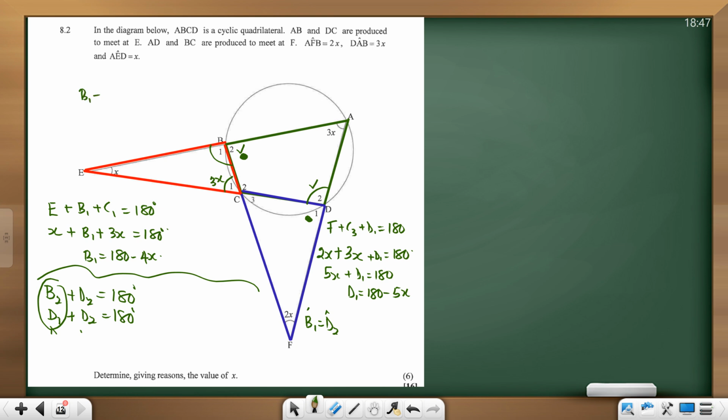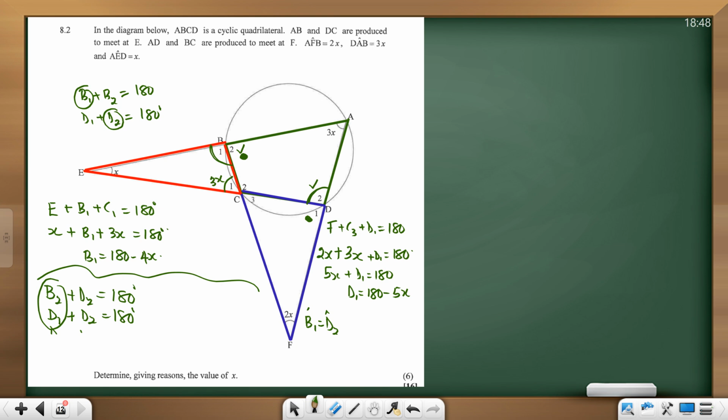Okay, let me help you there. B1 plus B2 equals 180, right? Yes, angle on a straight line. D1 plus D2 is also equal to what? 180. But B1 is the same as D2. Exterior angle. And you want to prove that B1 plus D1.